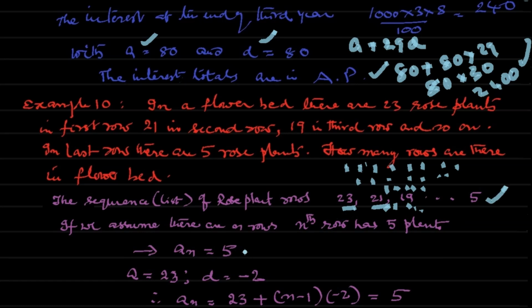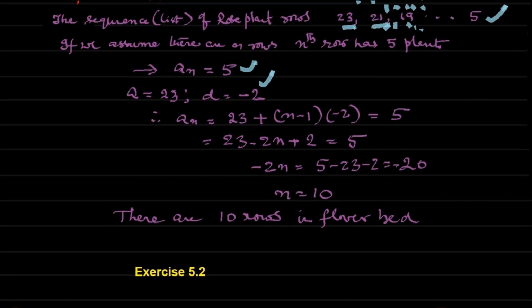With a common difference minus 2. 21 minus 23 is minus 2. AN is 5, the last one, nth term AN is 5. So A is 23, D is minus 2, AN is 5, you can get N is 10. There are 10 rows in the flower bed.